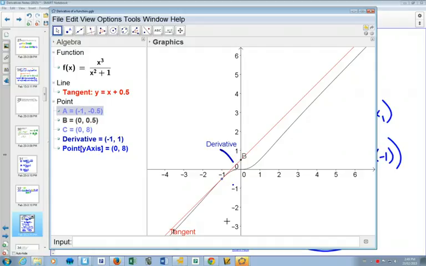And we've got our tangent line drawn there. It figures out our y-intercept at 0, 0.5, which we found before. And so our equation of our tangent line is y equals x plus 0.5.